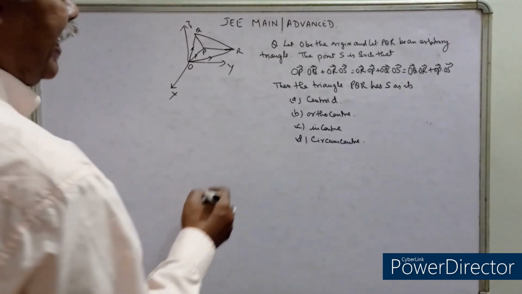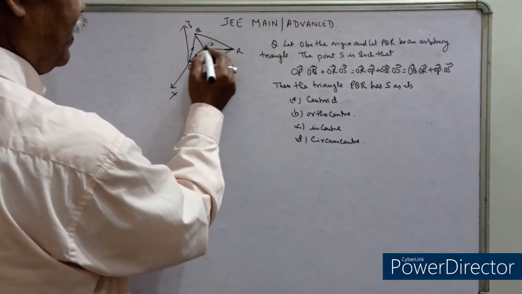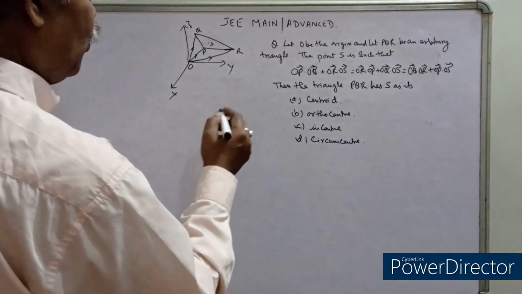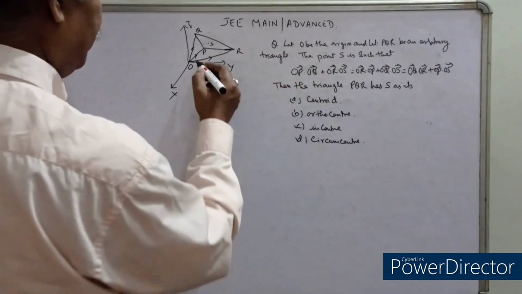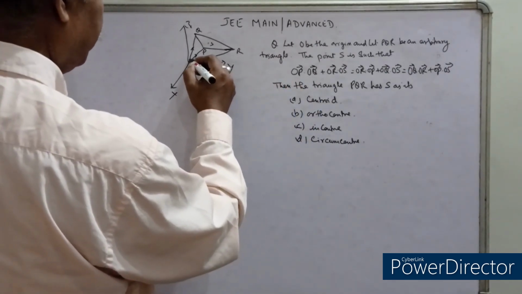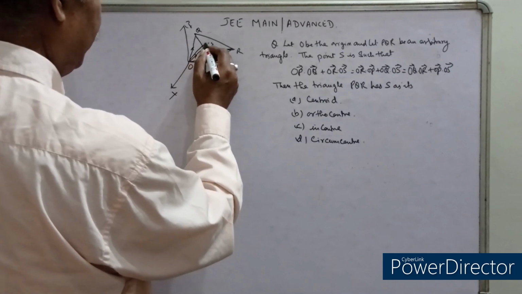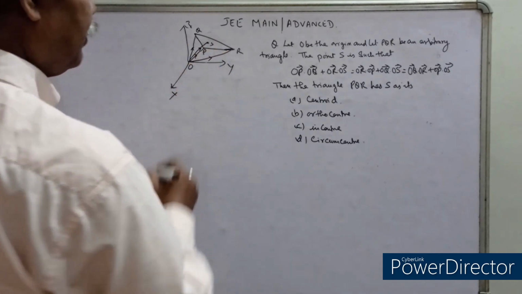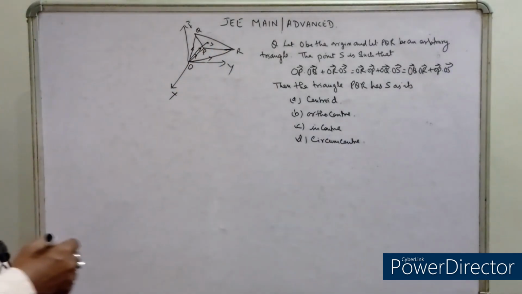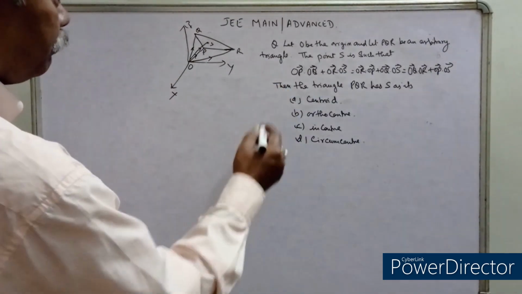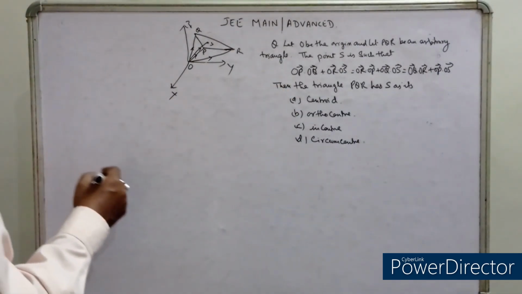And the point S is such that OP dot OQ plus OR dot OS, and this is your position vector S. Let me see what happens.